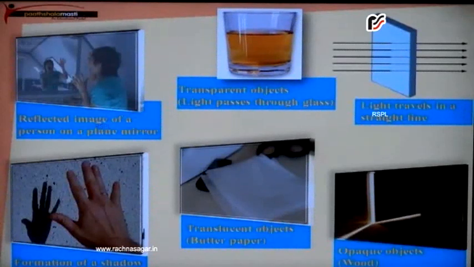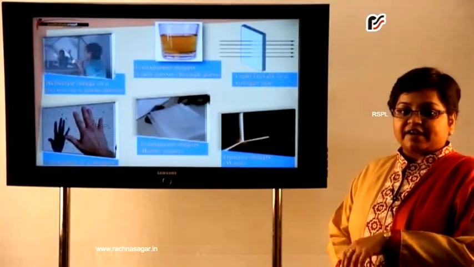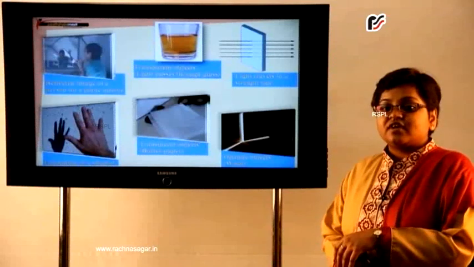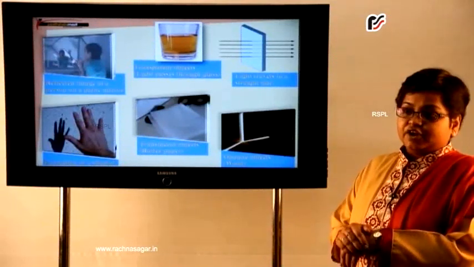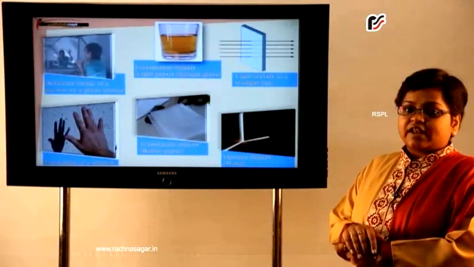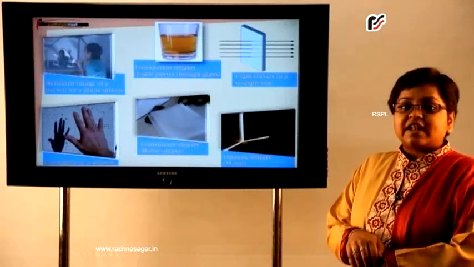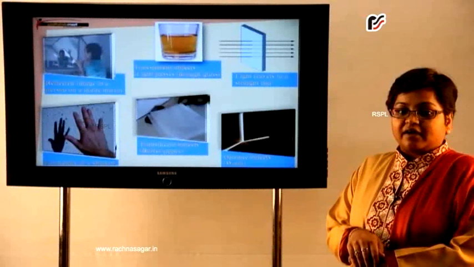Next, light can pass through translucent materials such as butter paper. Here light can pass some amount through the butter paper also. Light gets reflected back from a polished surface. So we say that from the mirror, utensils or any polished surface, light gets reflected back.